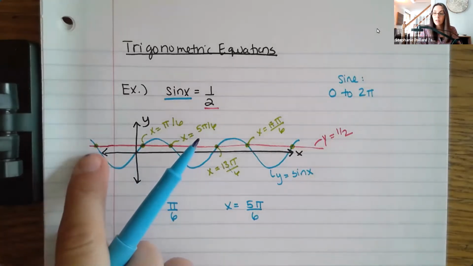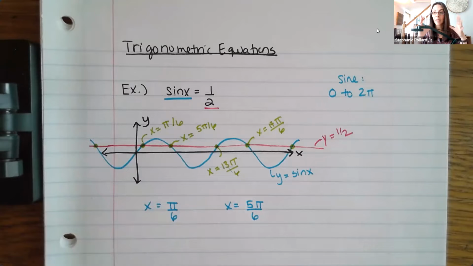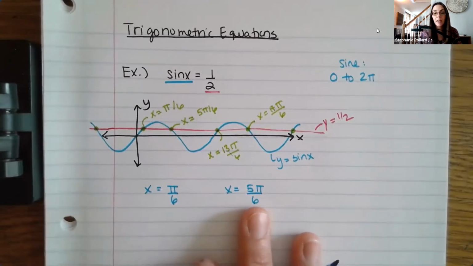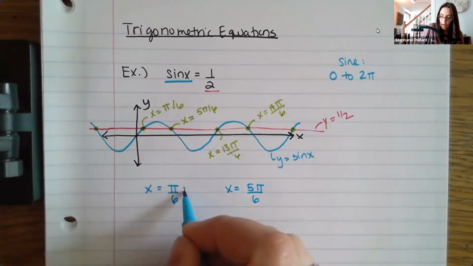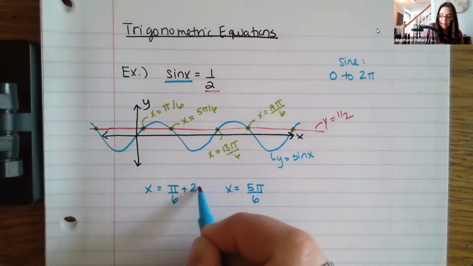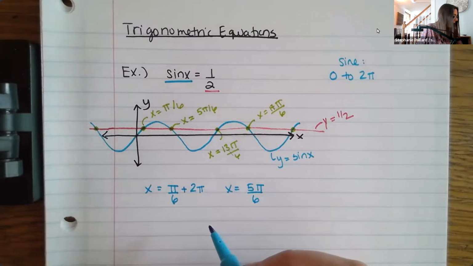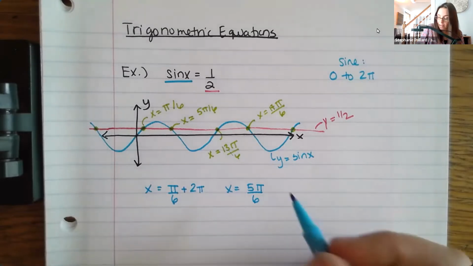So what you do is you find your solutions in an initial period. And usually we use the one that's most common. So for sine, that's 0 to 2 pi. You find that first. And then you add to it the period. So this is going to repeat every 2 pi. So it's going to also be the same result 2 pi later. And again, 2 pi after that.